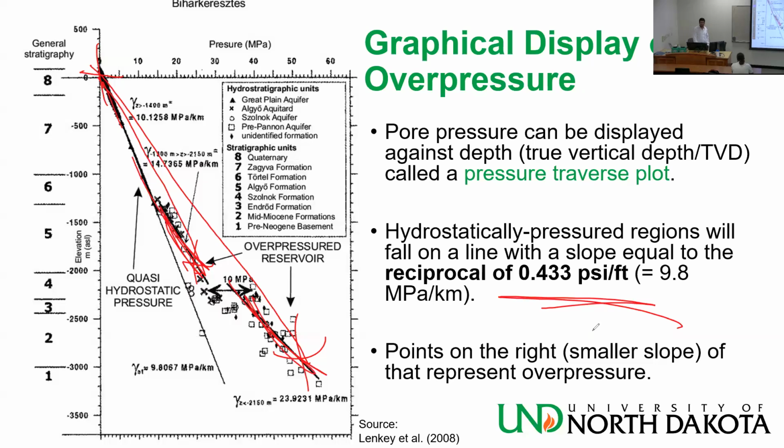So if I'm hydrostatic, I'm getting 1 divided by 0.433, or 1 divided by 9.8 MPa per kilometer. That's why a small gradient means overpressure. A high gradient, a very steep line, means under pressure.